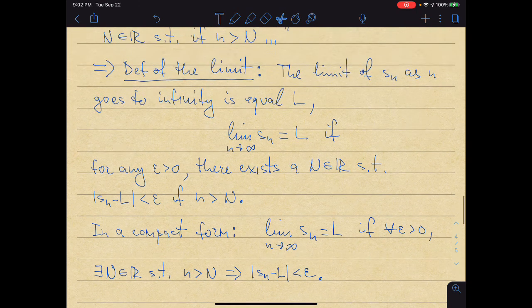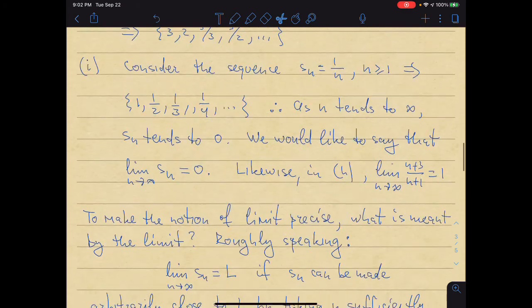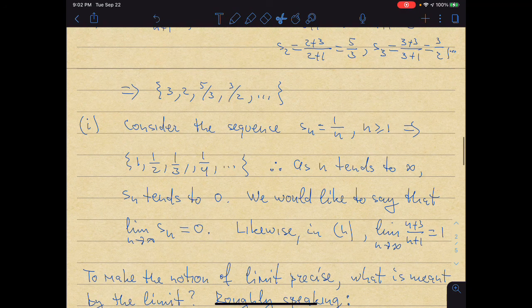So, for example, for this example, Sn equal to 1 over n, clearly the limit of this sequence is 0. Visually, it's clear that it is 0. But can we prove that this is the case?